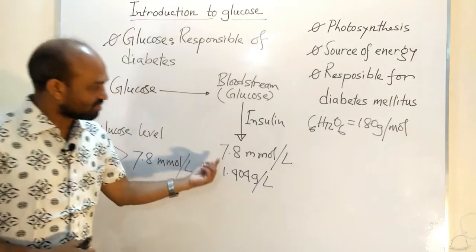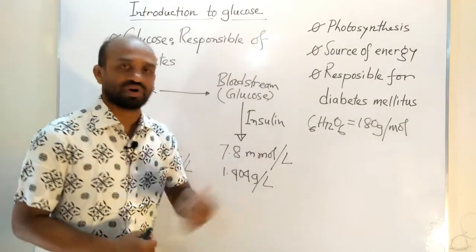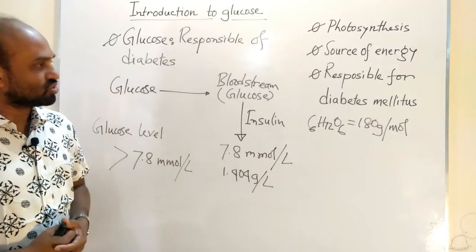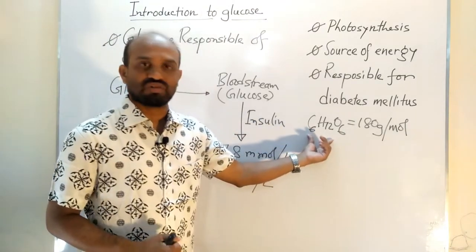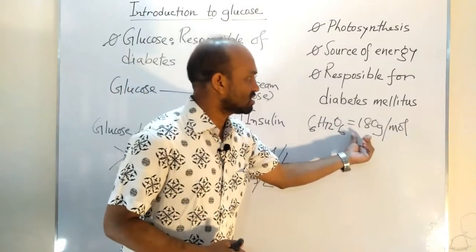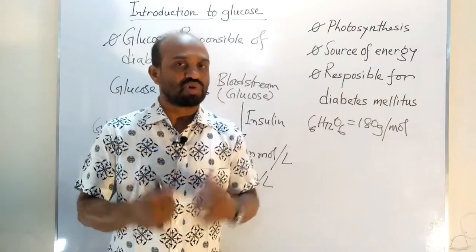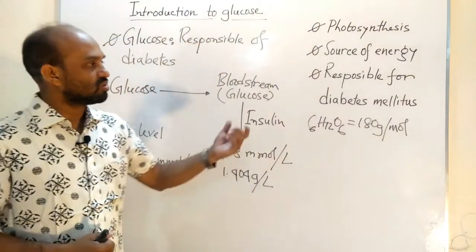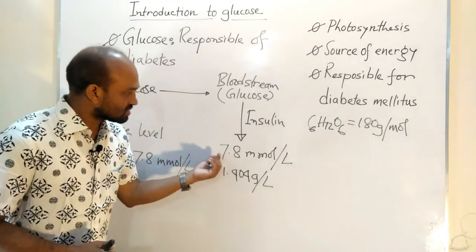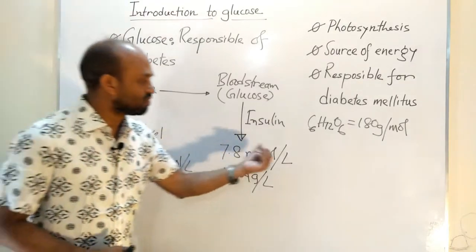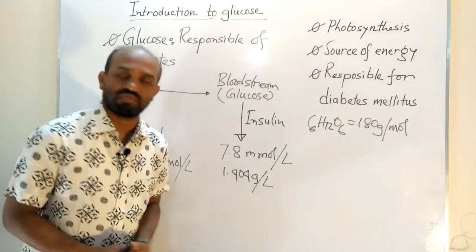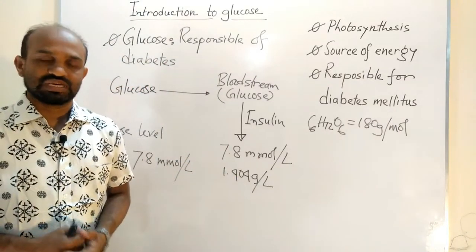If it is 7.8 millimole per liter, then it is normal. One thing we should know, that is molecular weight of glucose, that means 1 mole of glucose is 180 gram per mole. That means 1 mole glucose is equal to 180 gram glucose. If it is 7.8 millimole per liter, that means 1.404 gram per liter, then it is normal.